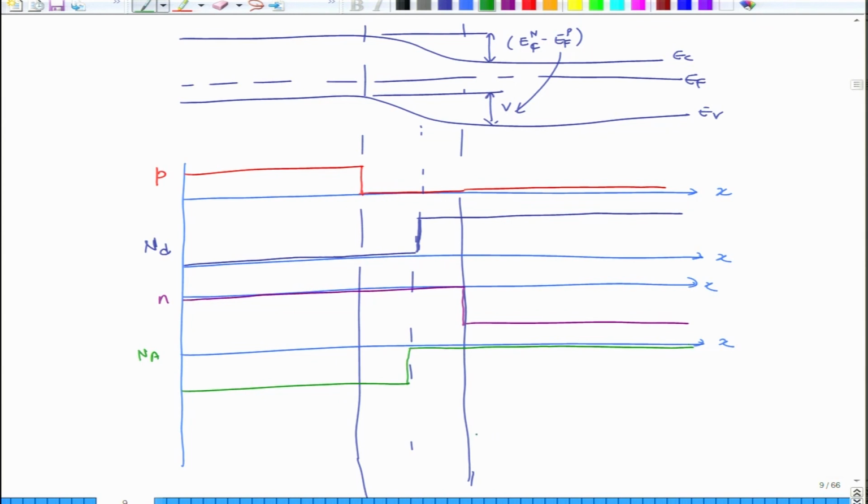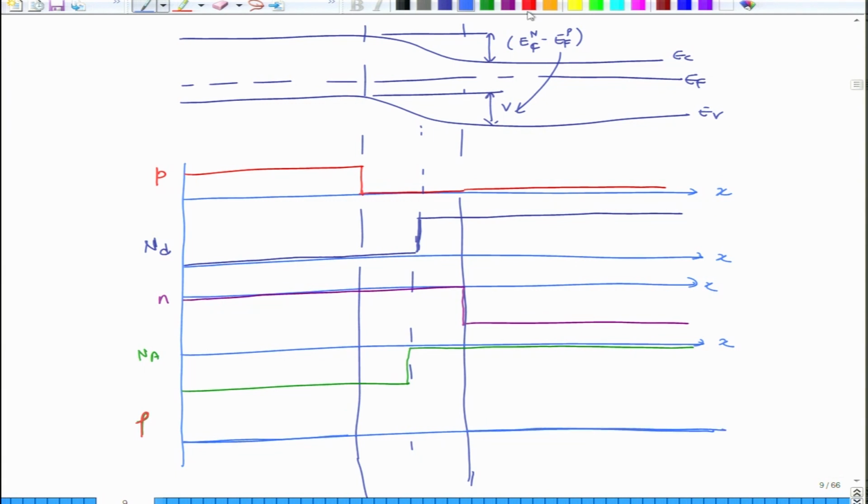Now if I plot the charge density, you can see that deep inside the semiconductor the charge density is still zero, they still cancel each other.